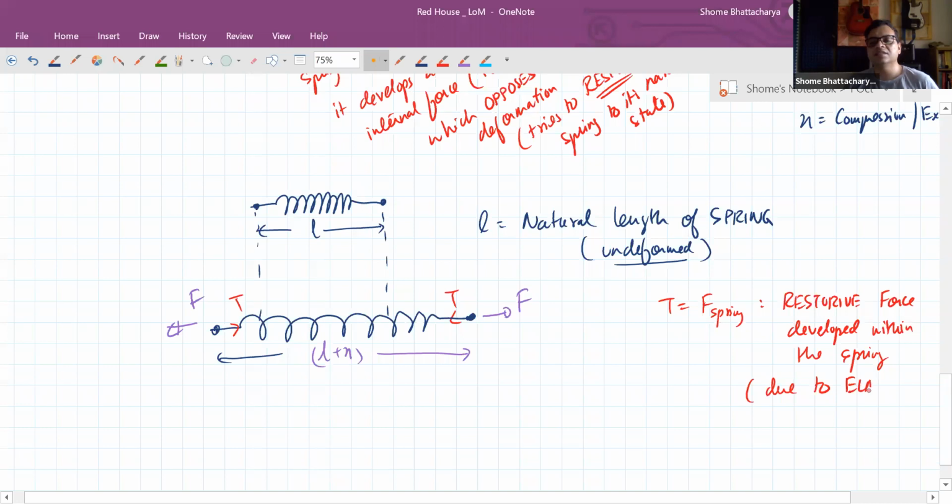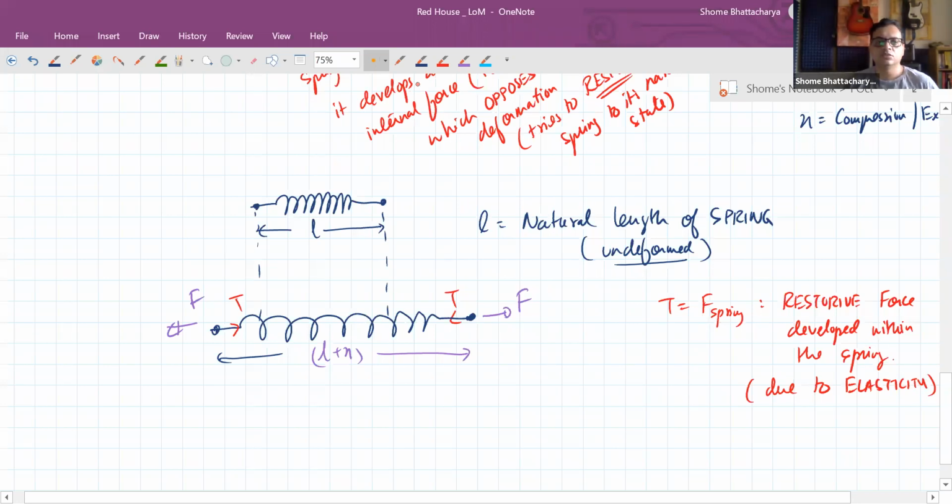Elasticity is something we'll discuss as a material property in a later chapter, but you understand that all materials are elastic. Some are very elastic like rubber, some are not so elastic, but all materials have an inherent amount of elasticity. When you stretch them, they have a tendency to come back to their natural length. When you compress them, they have a tendency to push back towards their natural length. That is the inherent material property called elasticity.